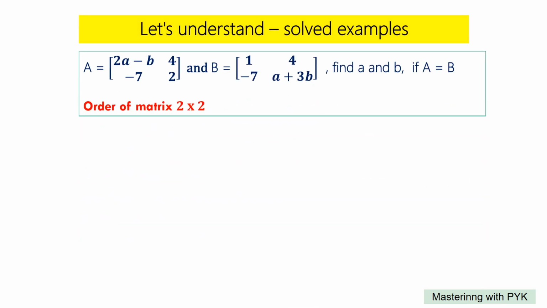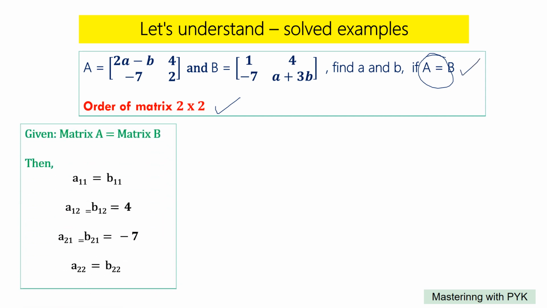Now let's take an example. We have to find the variables a and b in the equation, and it is given that matrix A is equal to matrix B. So how do we start? We start with the order of the matrix. If the order of matrix A is equal to the order of matrix B, then the equality exists.